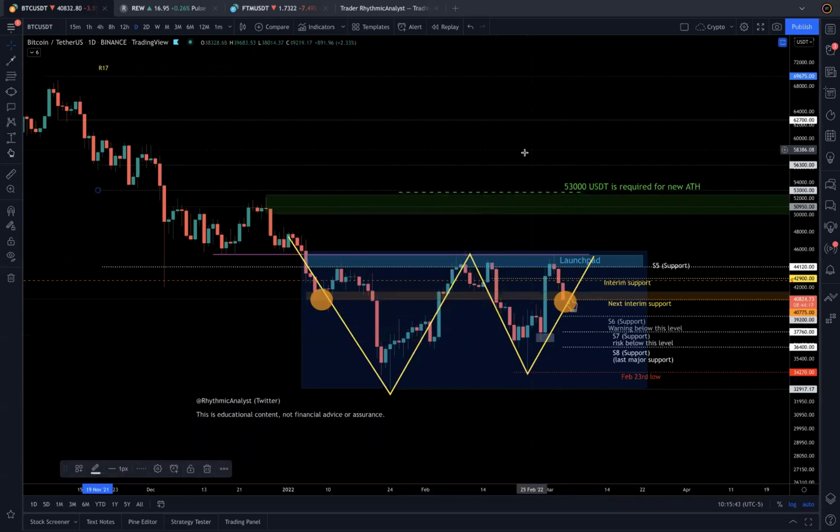I think that would be a good way to portray it here. So this is my first approval, breaking above, let's say, 46k. 46k is my first approval. 53k would be the second approval. Once we get these levels achieved, we are talking about a new all-time high, with a very high probability.